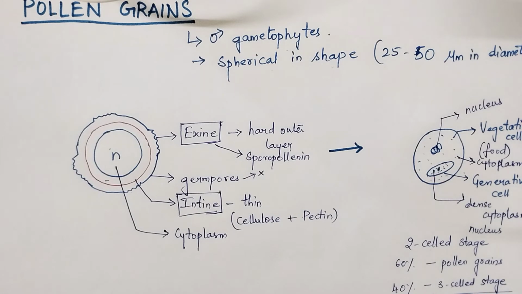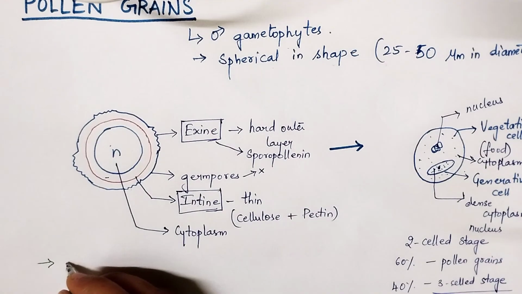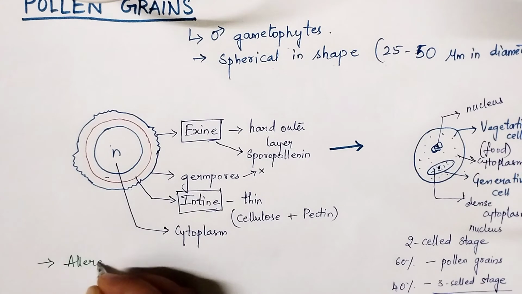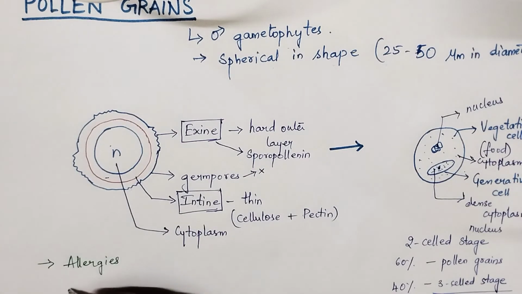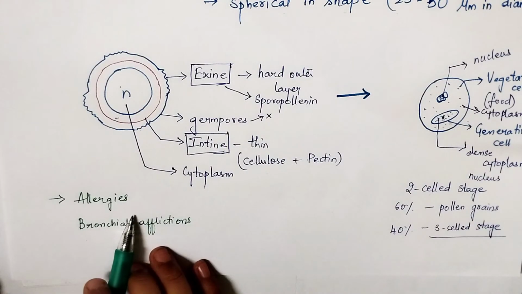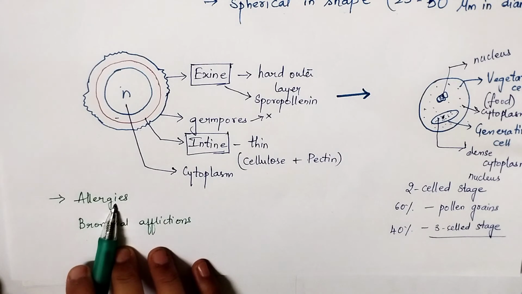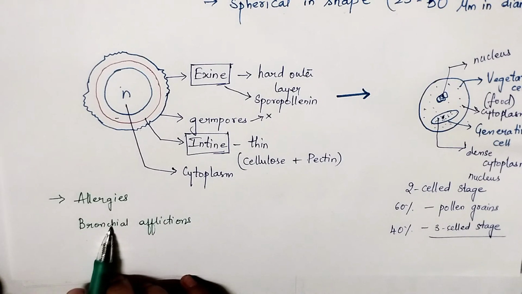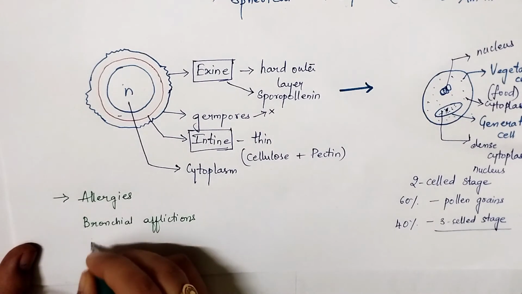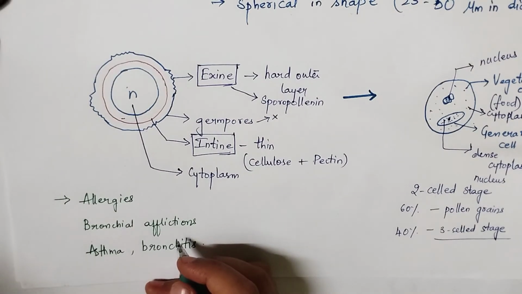Now let us see some disadvantages as well as advantages of pollen grains. Pollen grains cause allergies and bronchial afflictions. So what is the main disadvantage of these pollen grains? They cause allergies and also bronchial diseases like respiratory disorders, such as asthma and bronchitis.